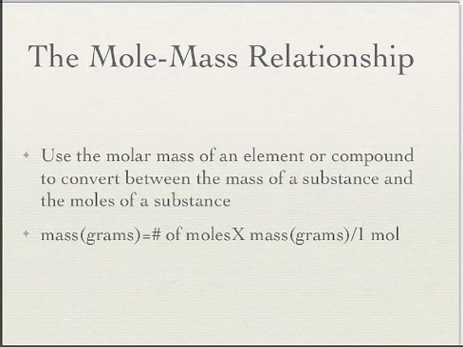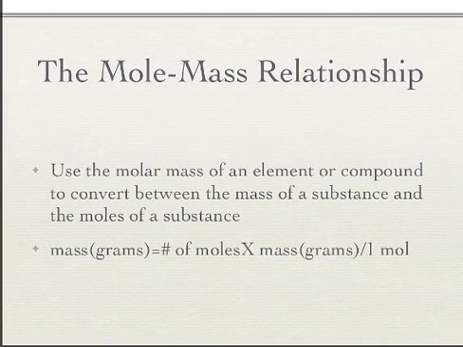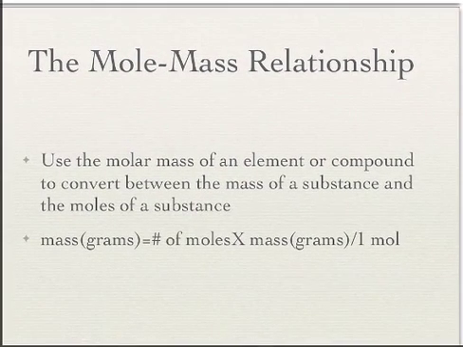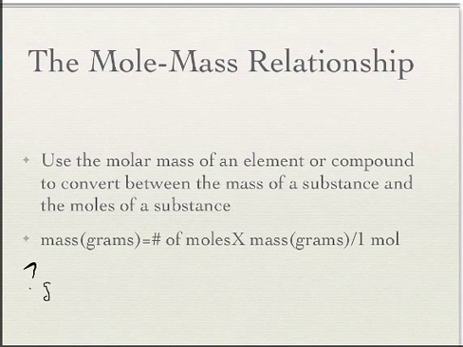So for instance, let's say I want to know how many grams of water if I had 2.5 moles of water. Then what I need to do is multiply by the mass in grams on the top, moles on the bottom.